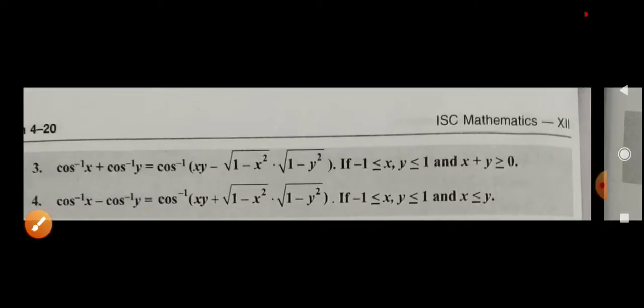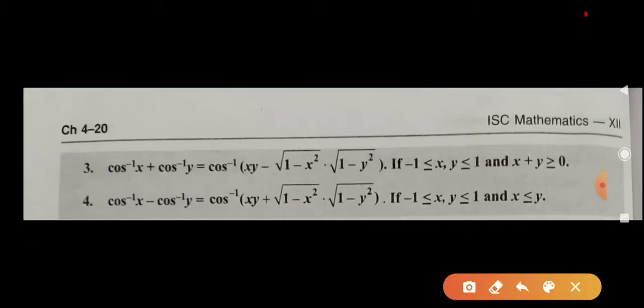In the same way, the second property: sin inverse x minus sin inverse y equals the same property, with a plus-minus difference. You can see here plus is there, and in this second property minus is there in between, and the condition is same. Again the condition is same: x and y from minus 1 to plus 1 and x square plus y square is less than or equal to 1. Two more properties are there. You can see these properties: cos inverse x plus cos inverse y equals cos inverse of xy minus under root 1 minus x square into under root 1 minus y square. Here the condition is also there: x and y from minus 1 to plus 1, and x plus y is greater than or equal to 0.